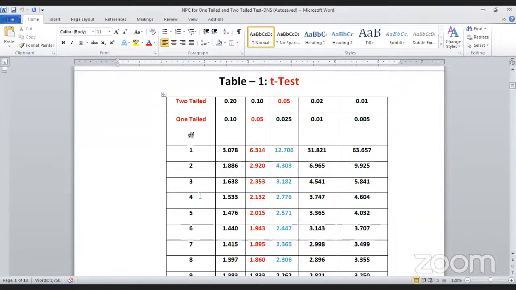So in order to find whether your calculated value is significant or not, you need both: number one, the degree of freedom, and you must have your level of significance. Without these, you cannot find out whether your calculated value is significant or not. So this is the point which I thought I must tell you.